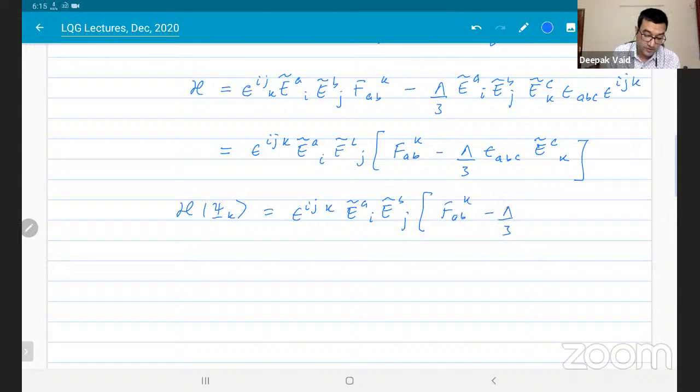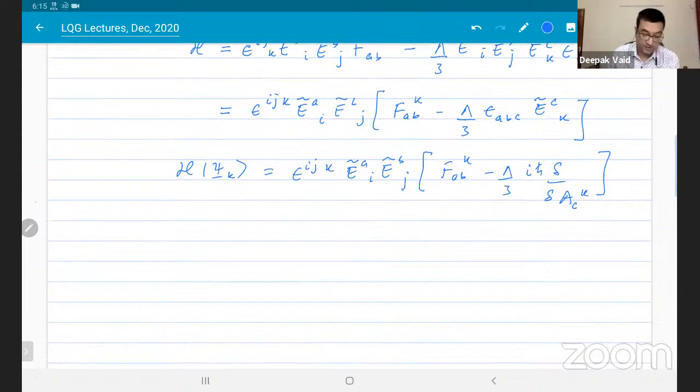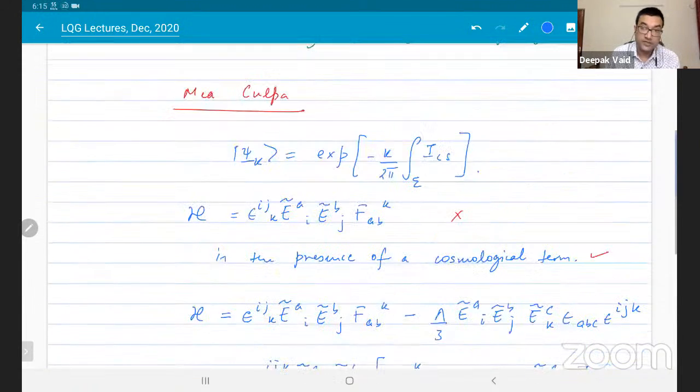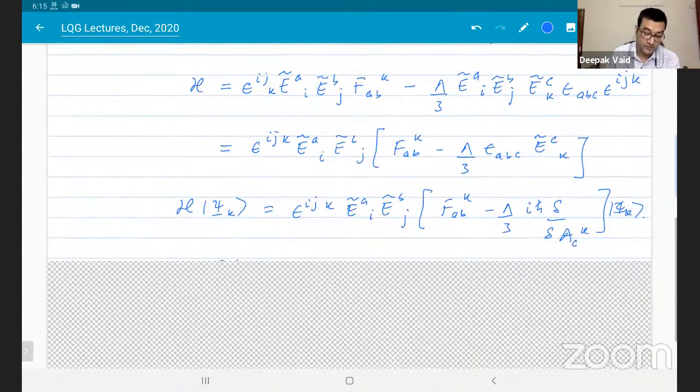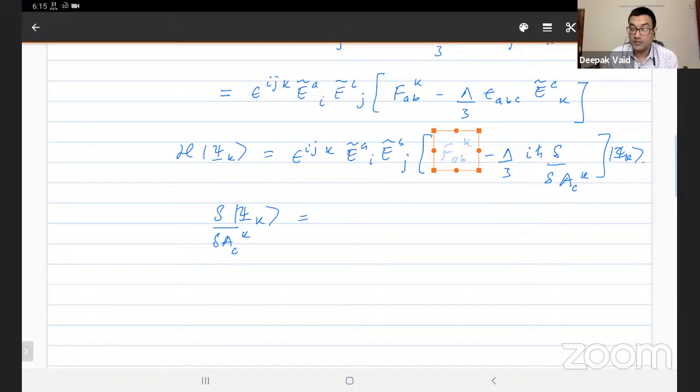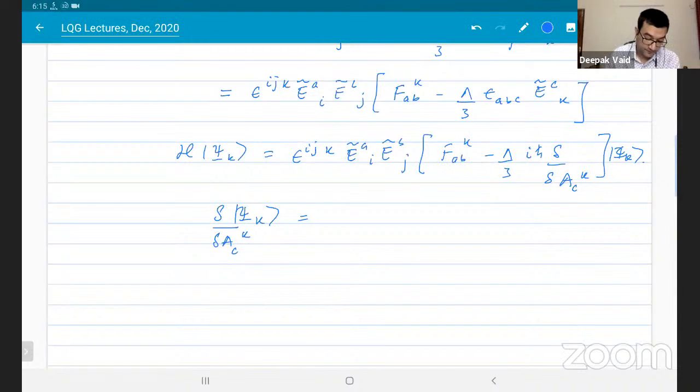So this becomes i h-bar delta by delta A^C_K. And this will annihilate the Kodama state because, as I showed, when you take the derivative of this state with respect to the connection, you basically get a copy of the curvature, the field strength tensor.